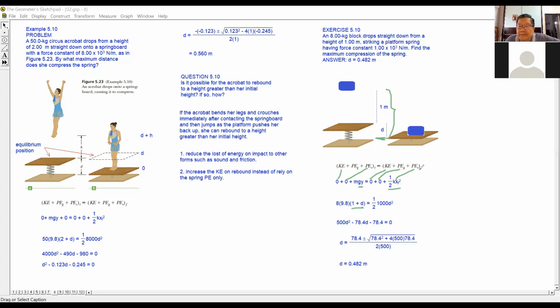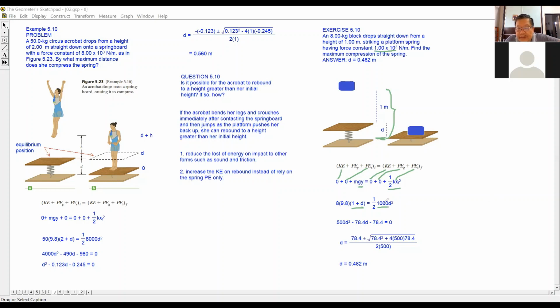Then the spring potential energy is half kx squared. The value of k is 1 times 10 to the power 3, the spring constant, so it's 1000, and the compression of the spring is d. So kx squared here will be 1000 d squared.